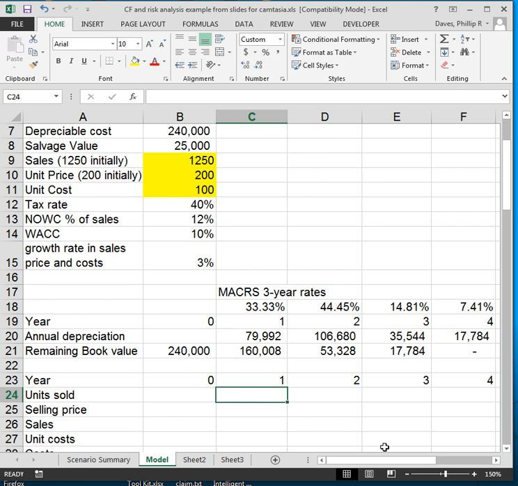Alright, now we're going to create a little income statement, and we have 1,250 units sold. So we know how many we're going to sell each year. We don't have any growth in this case.